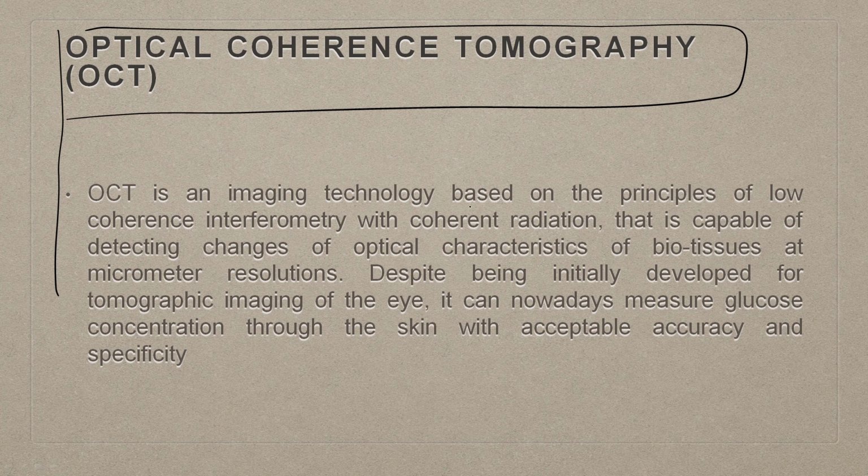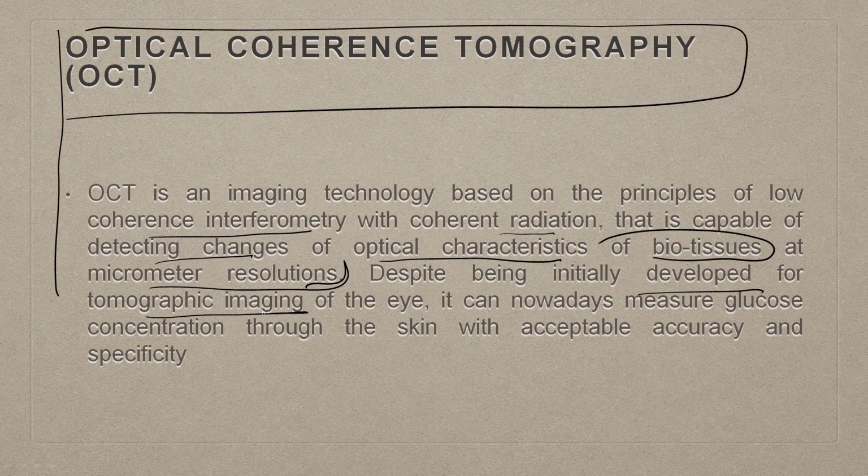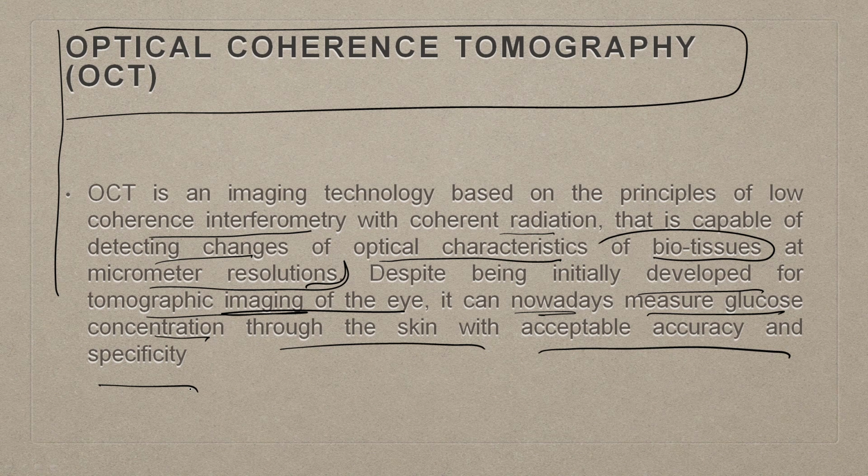OCT is an imaging technology based on the principle of low coherence interferometry with coherent radiation that is capable of detecting changes of the optical characteristics of biotissues at micrometer resolution. Despite being initially developed for tomographic imaging of the eye, it can nowadays measure glucose concentration through the skin with acceptable accuracy and specificity.